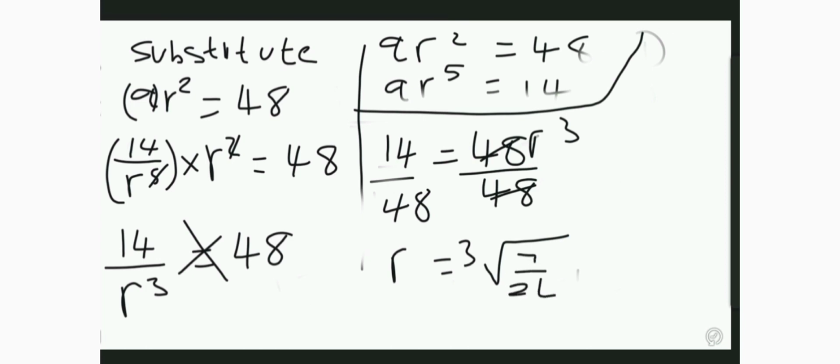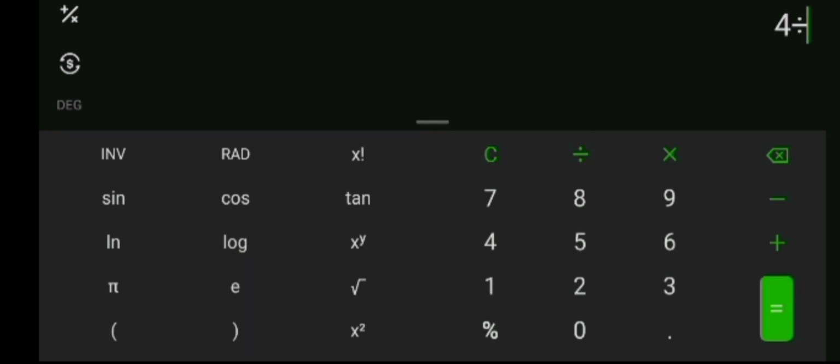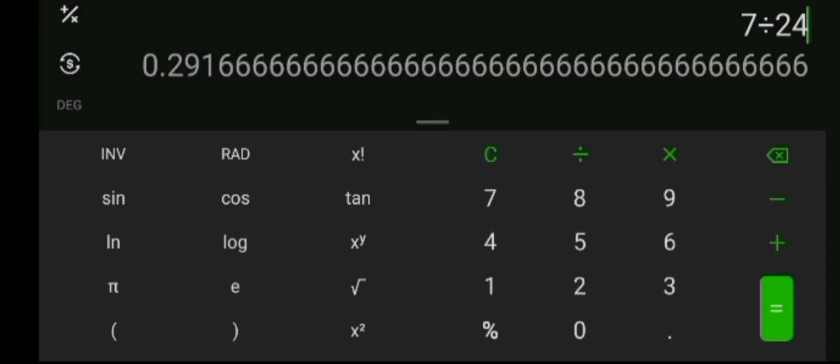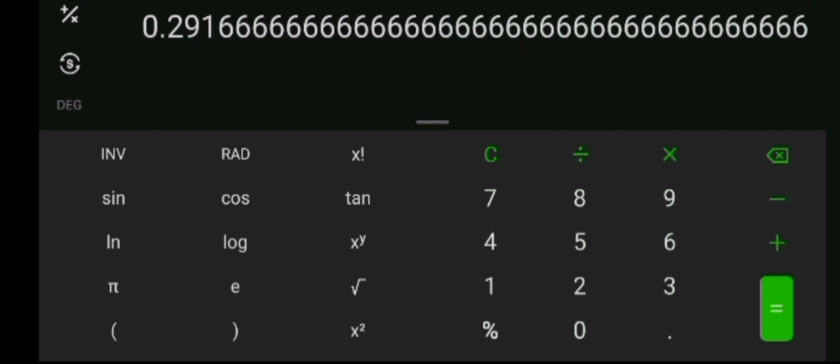The power 3 cancelling out goes to the other side and becomes the cube root of that, just like the cube root of 7 over 24, like we have there. And this cube root is different from the normal solving you are used to. So this is 7 divided by 24, so we have 0.291. Now I told you that the cube root there is different.